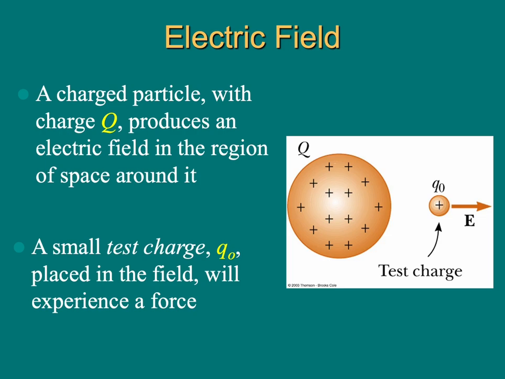In this example, the charge Q, we write capital Q, will create an electric field around it. Now, this electric field exists at almost all points surrounding this capital Q charge.